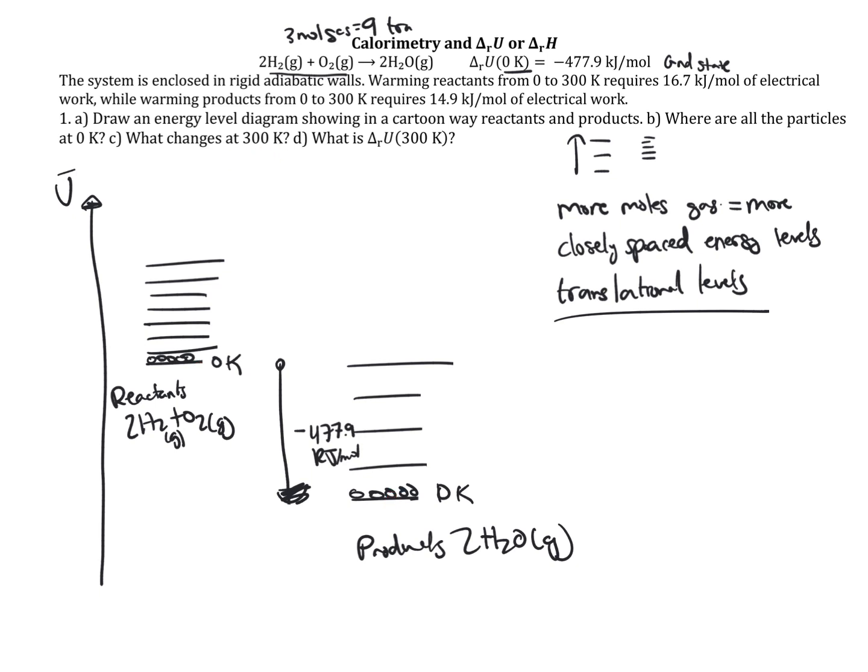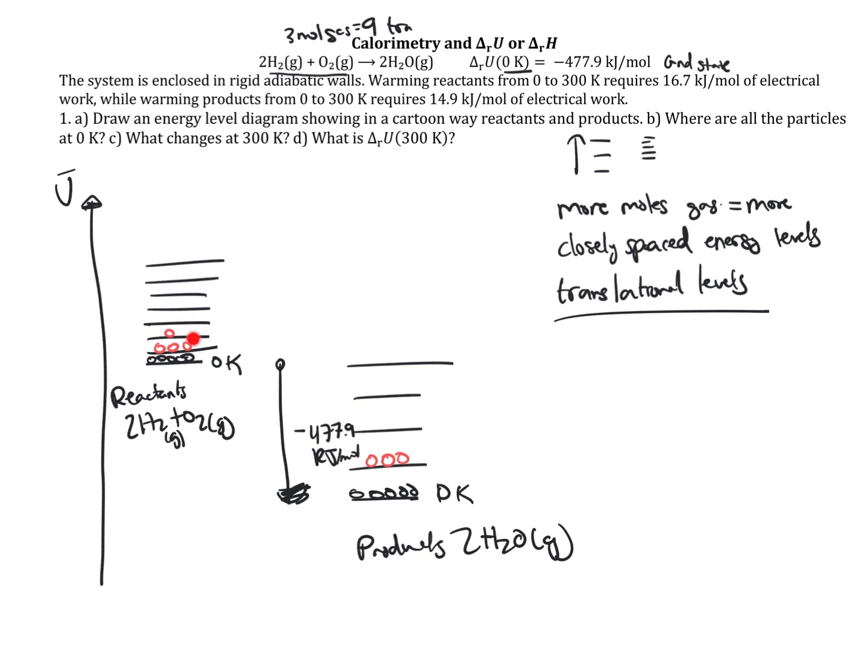At 300 Kelvin, now we're going to get some excited particles. So I'm just going to put a couple excited particles in each of these. That's what changes at 300 Kelvin. What's important to note from the scale, which isn't even quite accurate, is that it doesn't change a ton here.